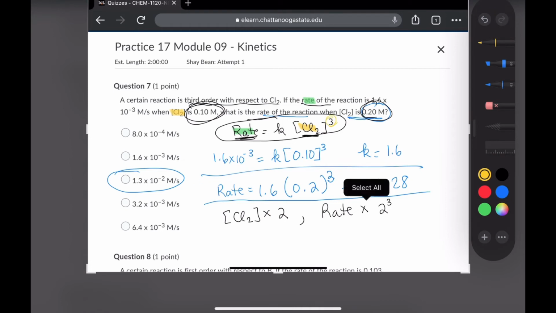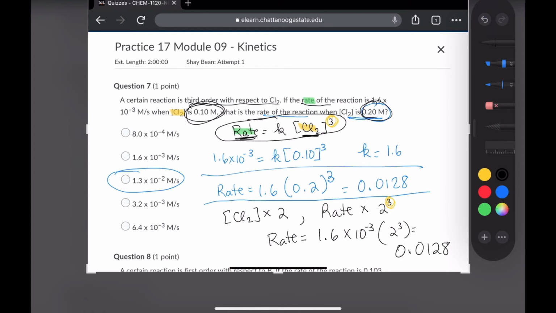So the new rate is equal to the old rate, 1.6 times 10 to the minus 3, times 2 cubed. And so 1.6 times 10 to the minus 3 times 2 cubed is 0.0128. I get exactly the same answer.